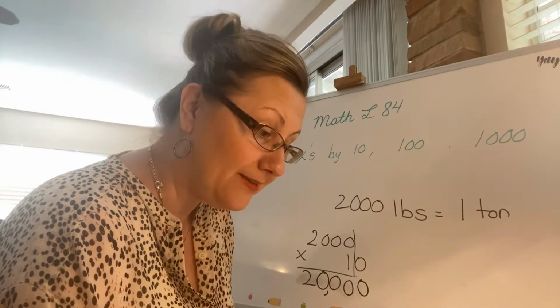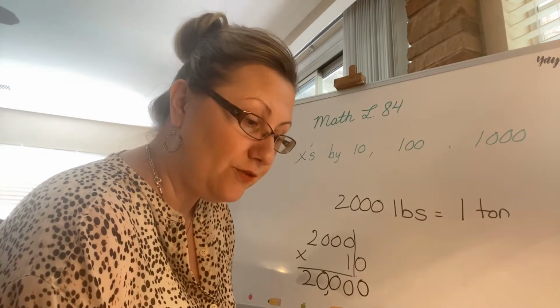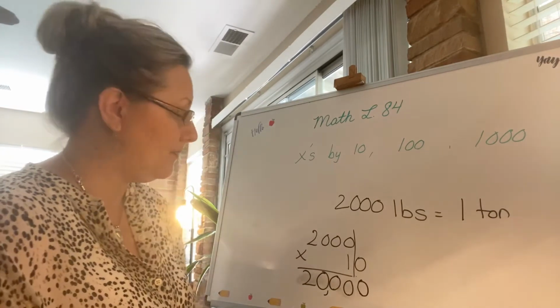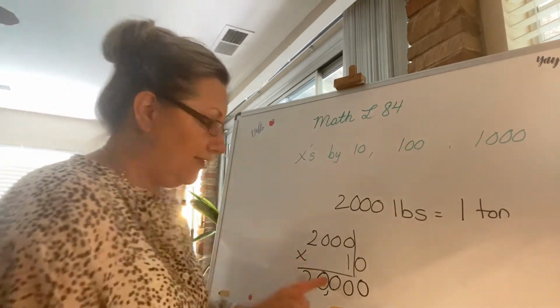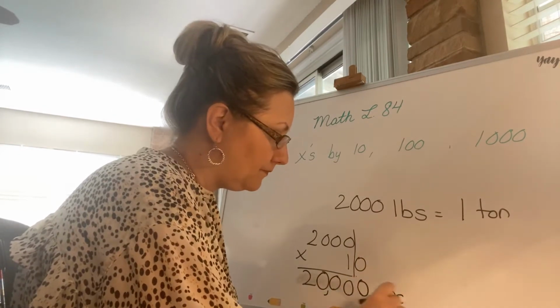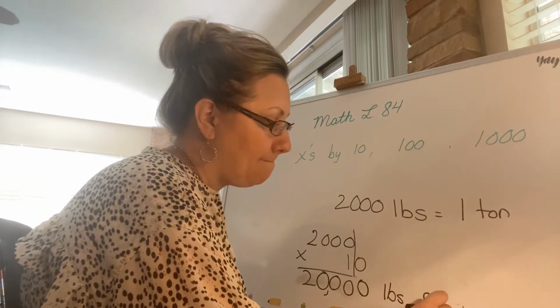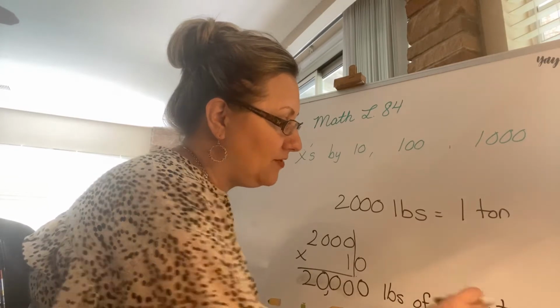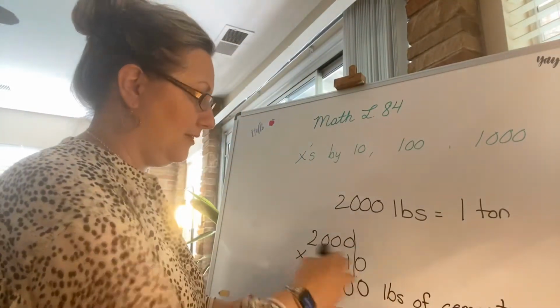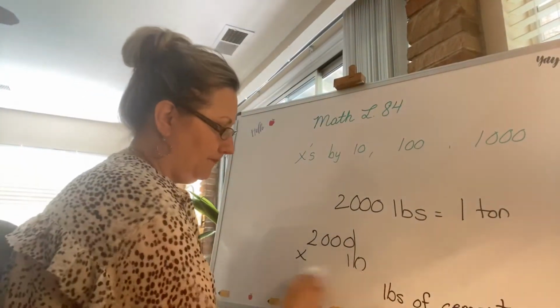Label really matters. The original question was, how many pounds is that? And the answer is 20,000 pounds of cement. How many pounds of cement? 20,000 pounds of cement.